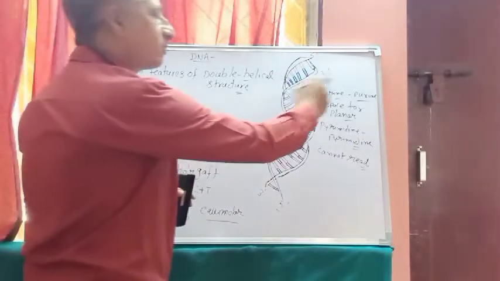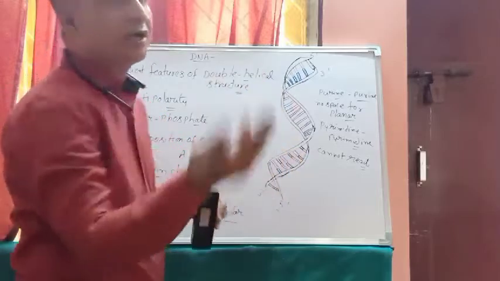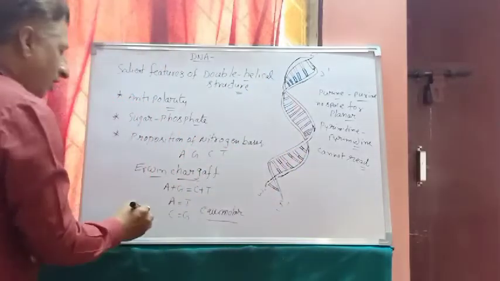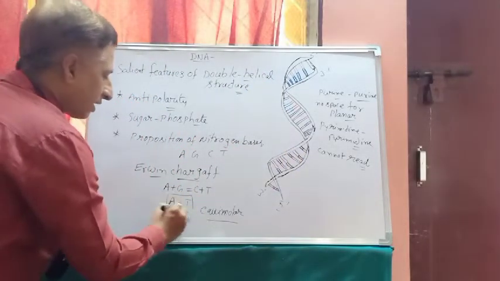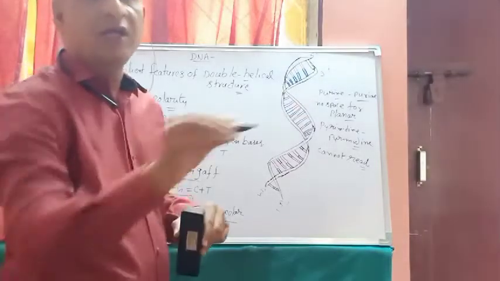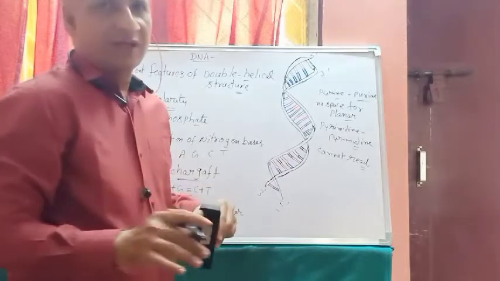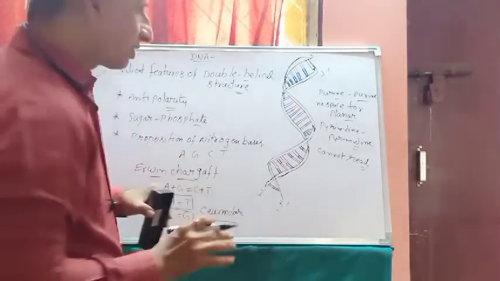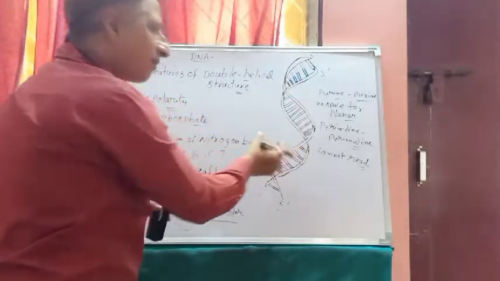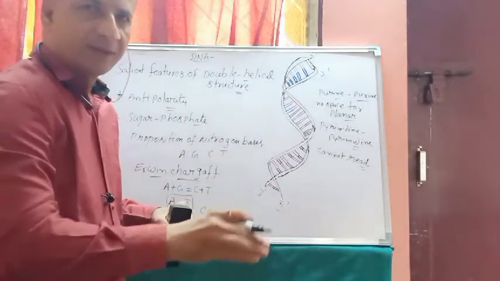That's why purine is not there, pyrimidine also not there. Only purine to pyrimidine. How? Always adenine with thymine, cytosine with guanine only they are going to stack with. Okay, that's why they maintain this type of structure every time.